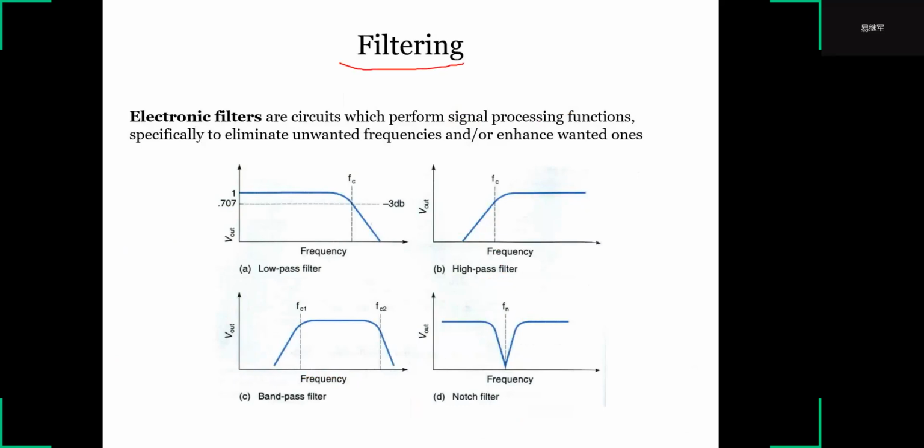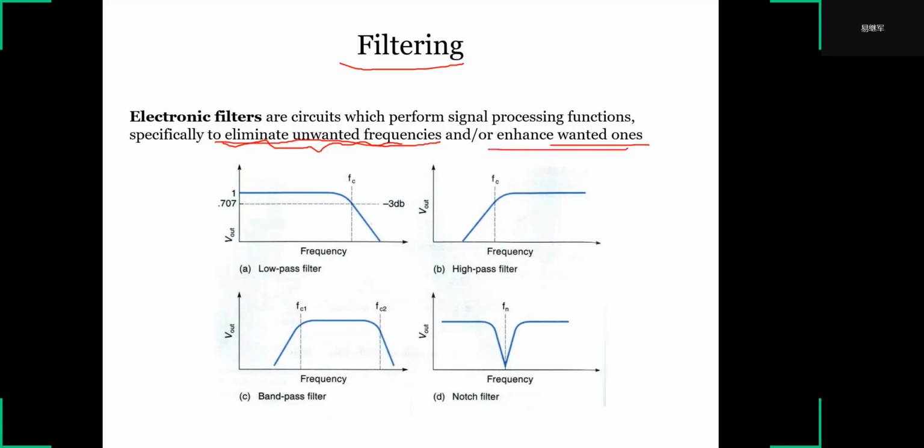Filtering. Electronic filters are circuits which perform signal processing functions, especially to eliminate unwanted frequencies and or enhance wanted ones.